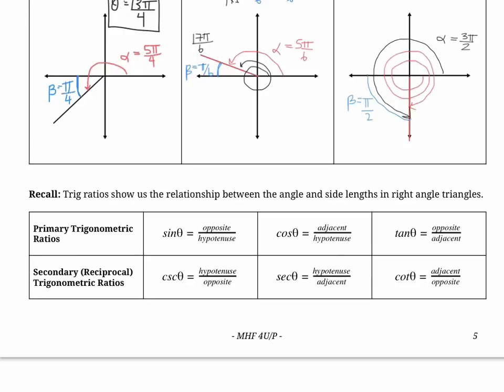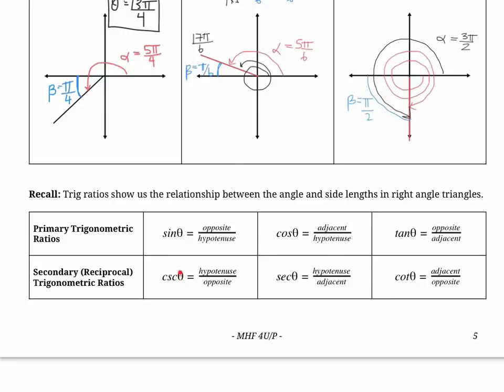A quick refresher about trig ratios. We know that there are 6 trig ratios. We learned 3 in grade 10, sine, cos, and tan, and then we added the reciprocal ratios in grade 11: cosecant, secant, and cotan. Cosecant is just the reciprocal of sine, equivalent to 1 over sine.